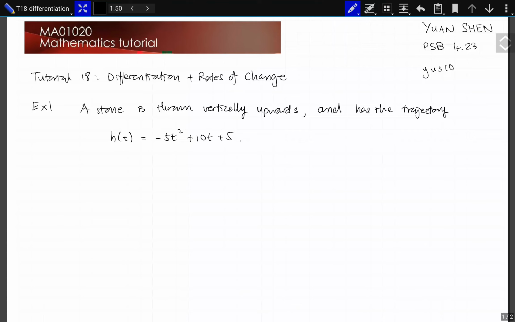We're going to ask a question: what's its initial velocity and initial position? And what about its acceleration? And maybe also, where does it land, as well as its velocity?